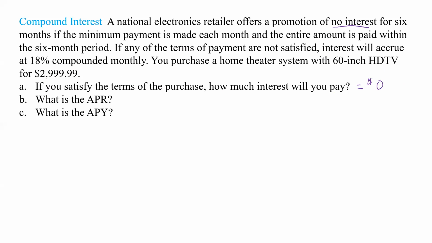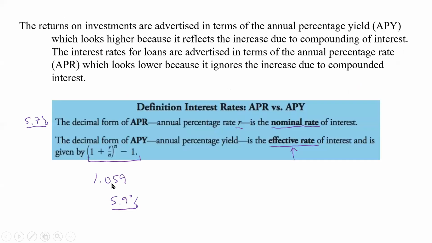Now, the second one is, what is the APR? Well, it says we're going to accrue at 18% compounded monthly. So our 18% is going to be our APR. Now the APY, now remember, what we have to do is take that 1 plus r over n raised to the n and then subtract 1, and that's going to give us our APY.